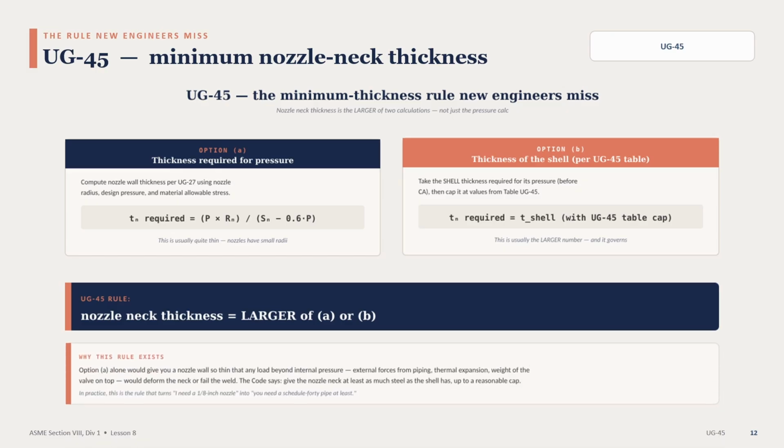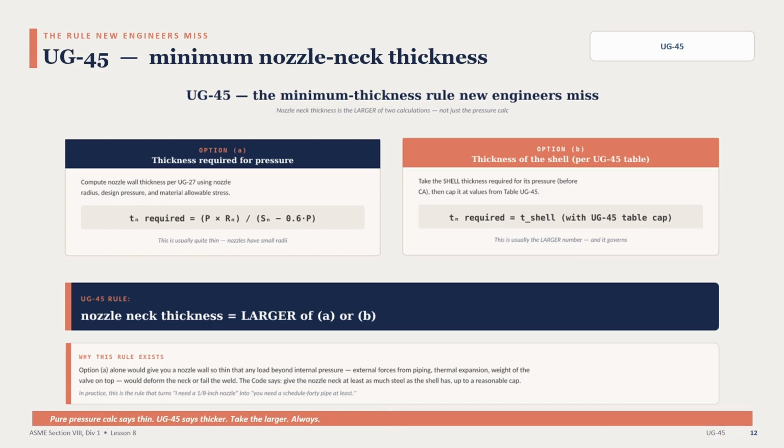In practice, option B usually governs because option A alone would give you a nozzle wall so thin that any real world load beyond pure internal pressure, like external forces from piping, thermal expansion, weight of the valve or instrument on top, wind load, seismic, would deform the neck or fail the weld.